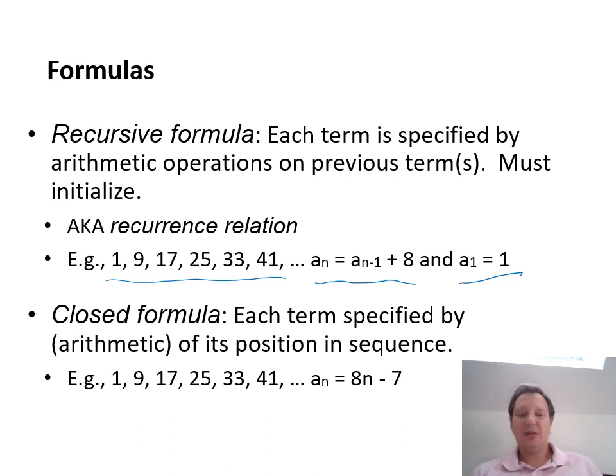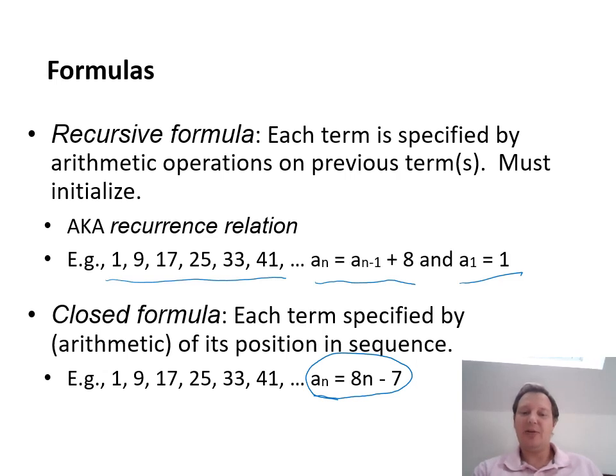Another way to describe this sequence is using the so-called closed formula, where each term is specified by arithmetic operations of its position in the sequence. In this case, this is the formula that describes the sequence, where a of n is equal to 8 times n minus 7.